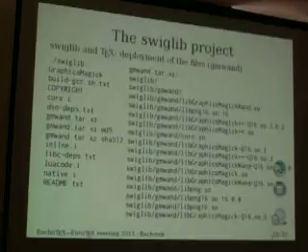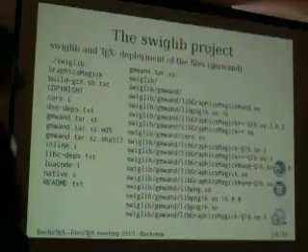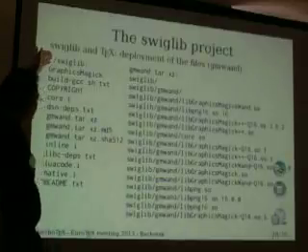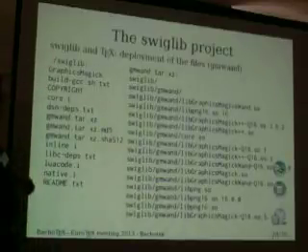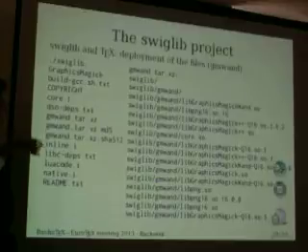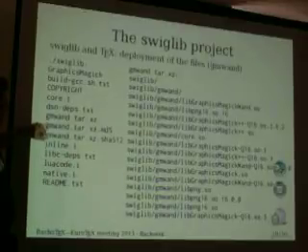Okay, this is, for example, how I deploy GraphicsMagick. You can see these files, the version repository, the interface files, the shared object.